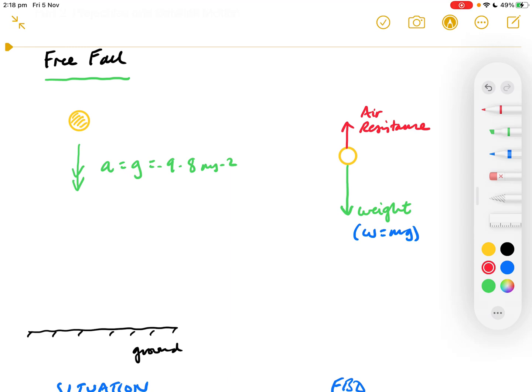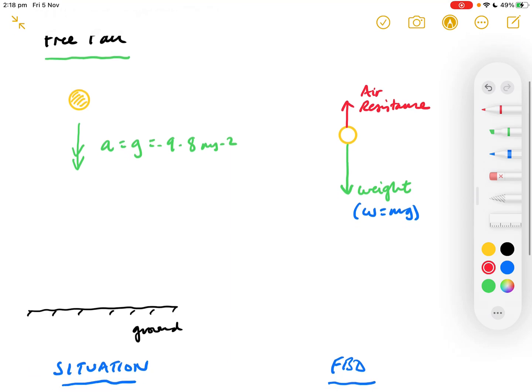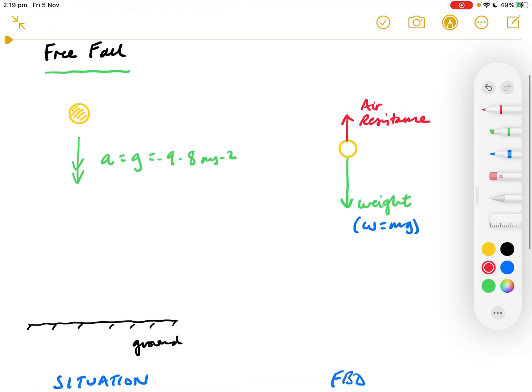Notice that a body which is in free fall downwards has no horizontal velocity. It's not moving to the left, it's not moving to the right, it's simply falling downwards.